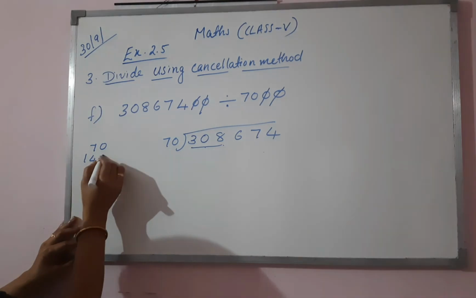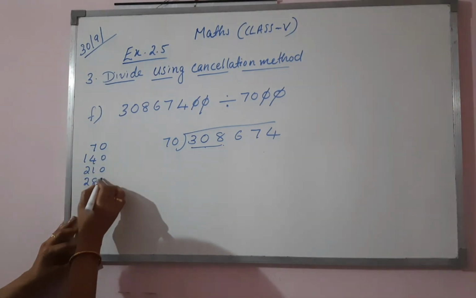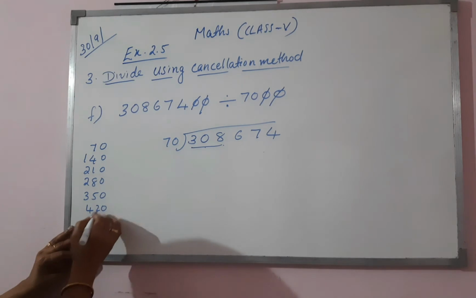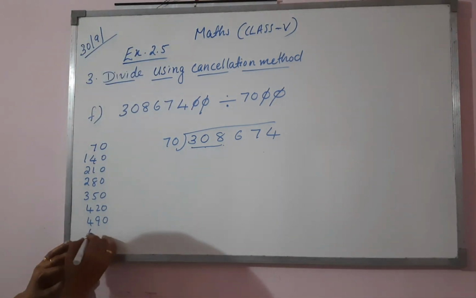7 2s are 14, 7 3s are 21, 7 4s are 28, 7 5s are 35, 7 6s are 42, 7 7s are 49, 7 8s are 56 and 7 9s are 63.